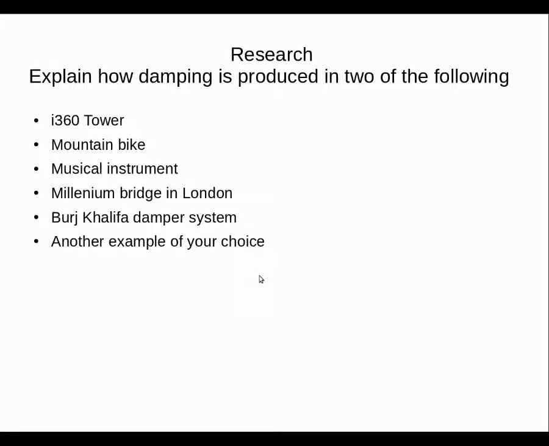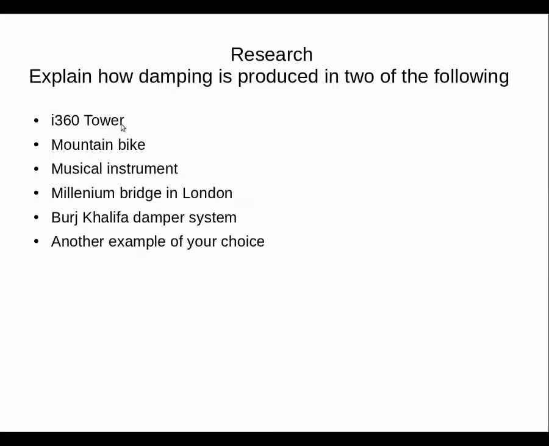Now, to finish off with, what I'd like you to do is some research. There are many examples where damping is used to reduce the amplitude of an oscillating system. I've put a few here, but actually it's up to you. I'd like you to choose two.